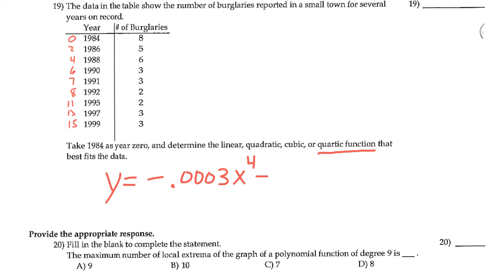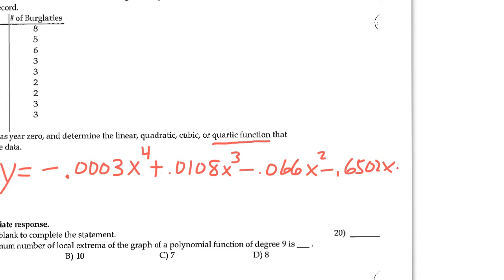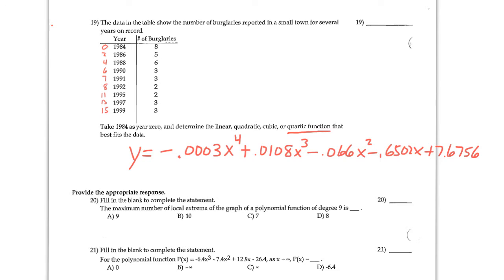It's actually plus 0.0108 x to the 3rd, and then minus 0.0660 x squared, and then it would be minus 0.6502 x, and finally the constant is plus 7.6756.